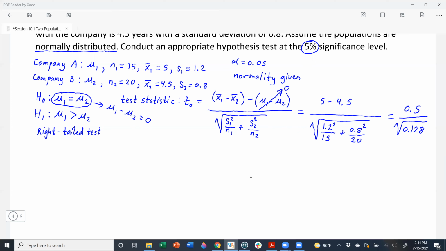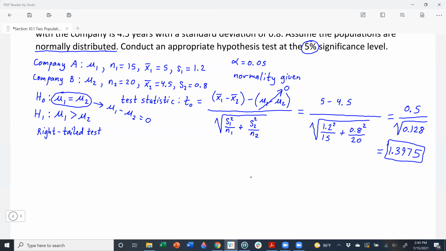Okay, and then now I'm going to type that all into my calculator, 0.5 divided by square root 0.128. And I'm going to go a few decimal places, 1.3975. All right, there is our test statistic.